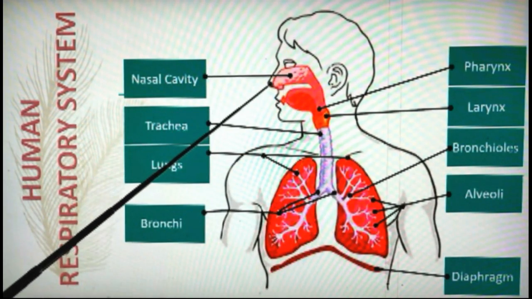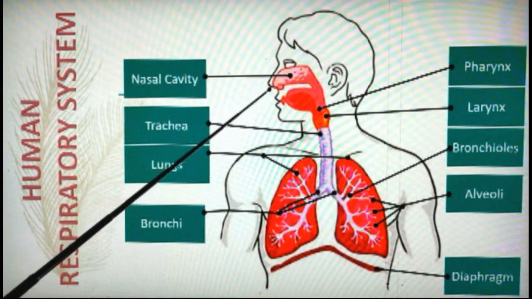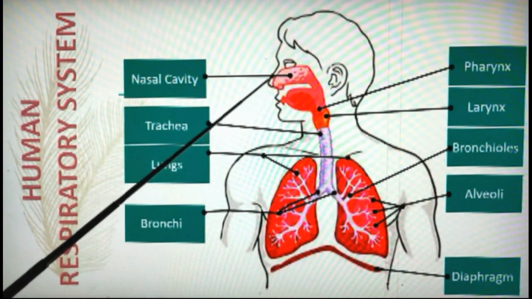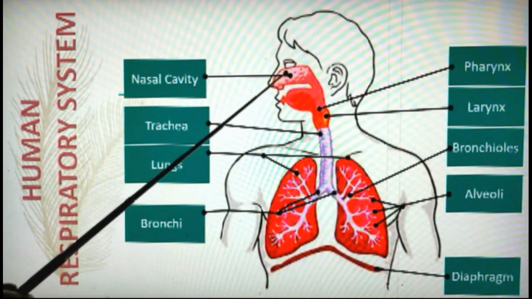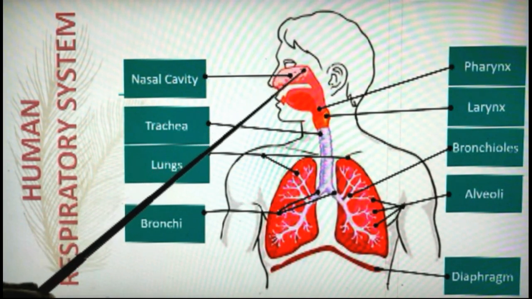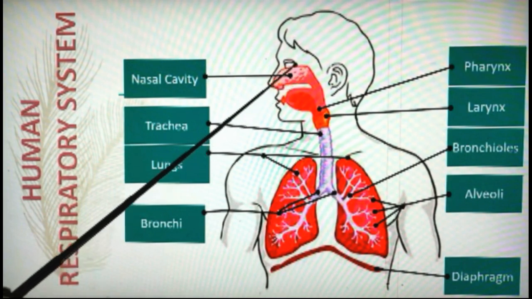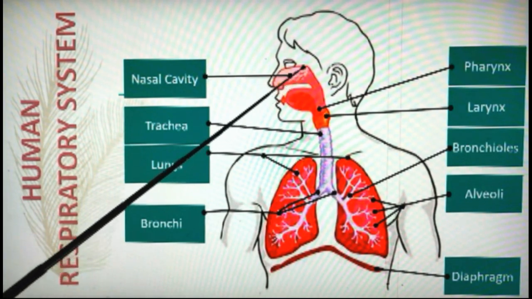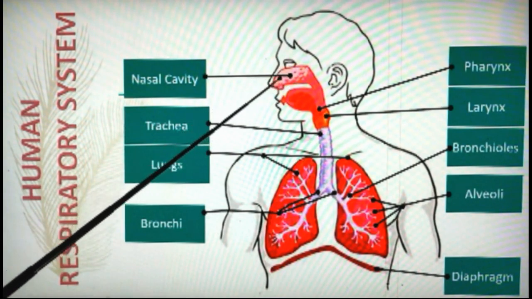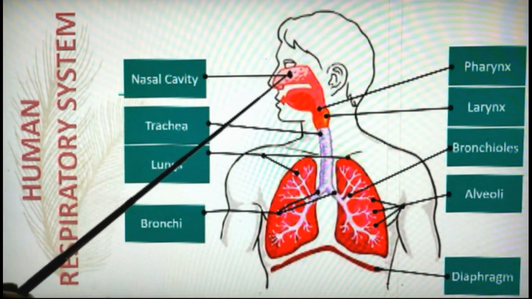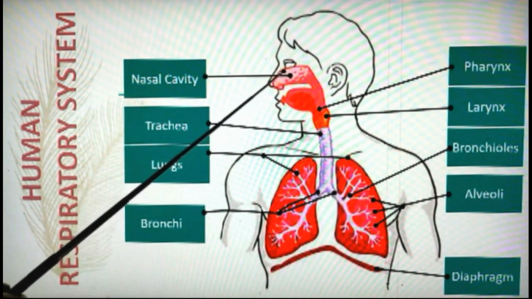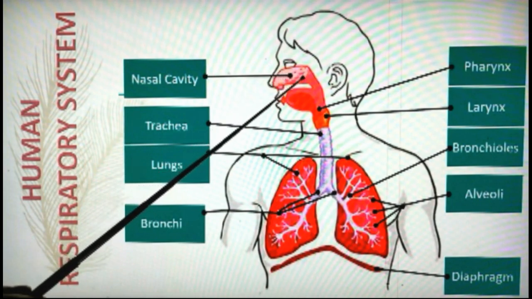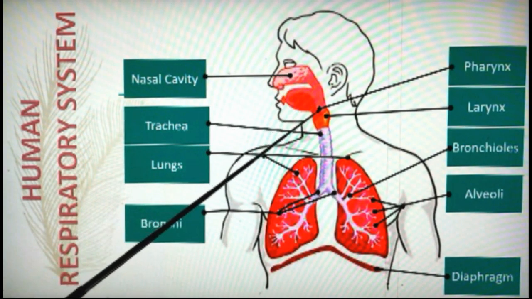Through the external nostrils, the air passes and enters the nasal cavity. Through the nasal cavity, the air reaches the internal nostrils, and from there the air reaches the pharynx, or otherwise we can call it the throat.